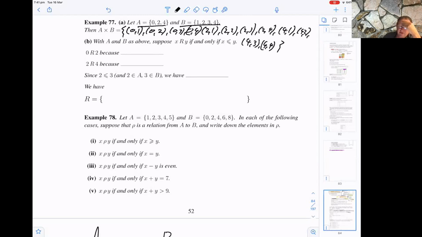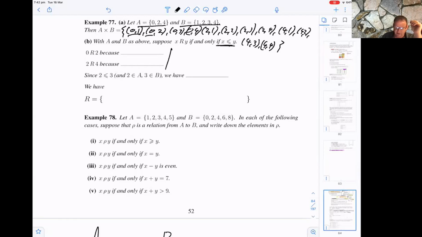Now, here is a relation that's not defined as a subset by saying exactly which elements. It's going to say: it's the elements where x is less than y. So let's write this relation first.